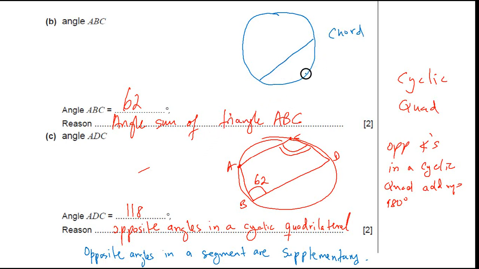This chord divides the circle into segments. This one will be the minor segment, and this one here will be the major segment. Okay? Opposite angles in a segment.